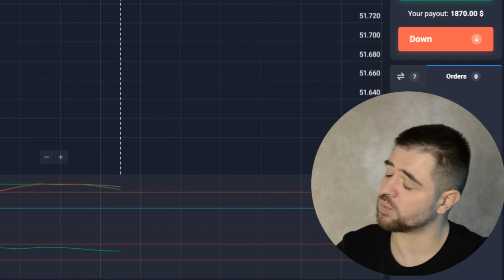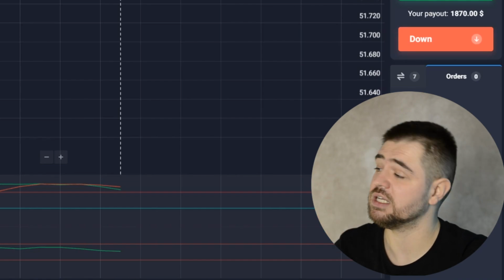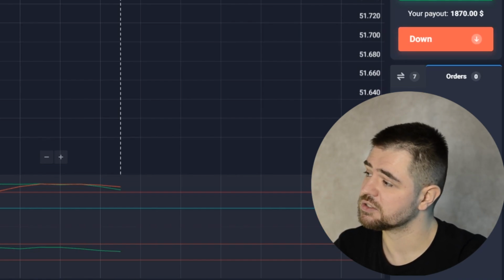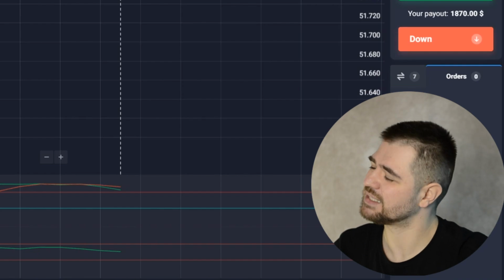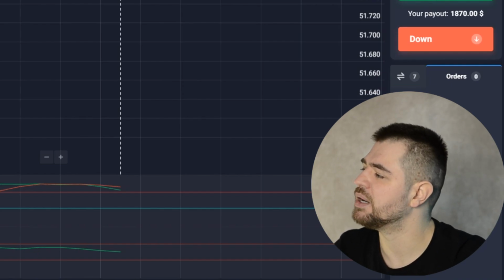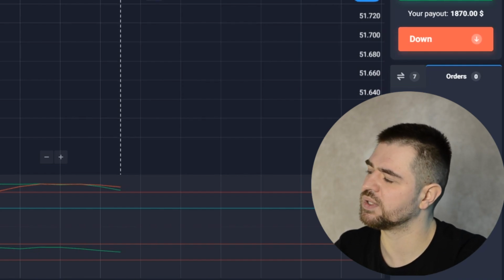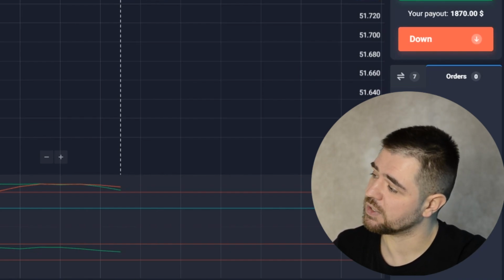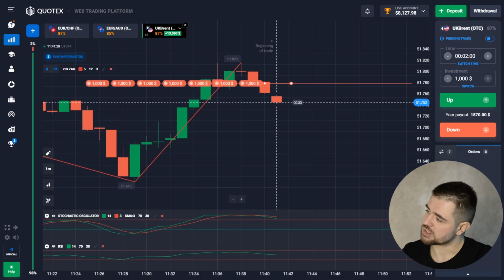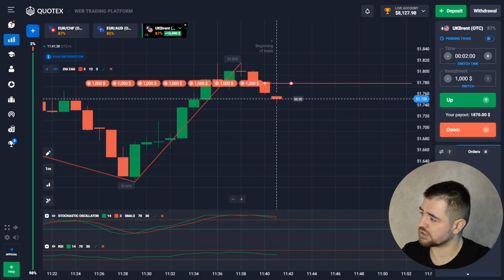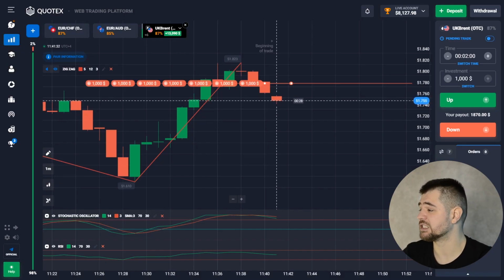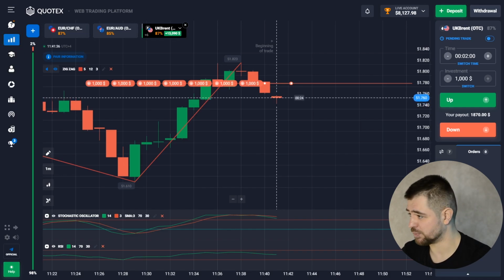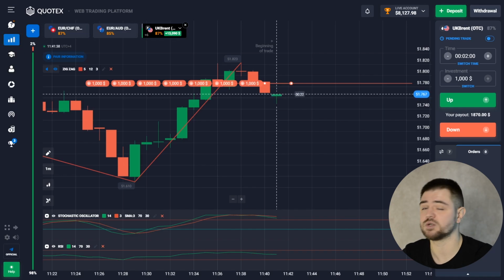Plus it was the area of the resistance level, so that's another factor. It's not exactly there, but it's pretty close, so we consider this an area of interest, an area of the resistance level. So these are a few factors, but generally speaking, the bullish trend here was quite strong as well.